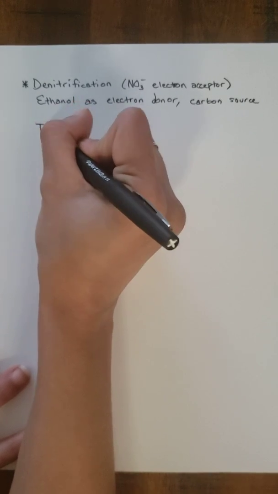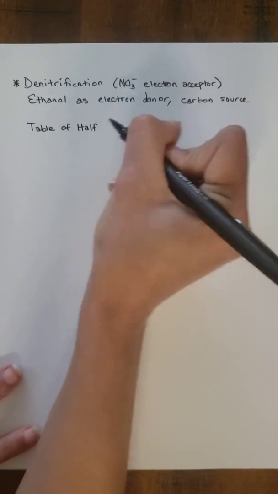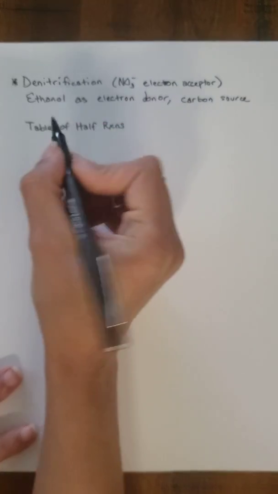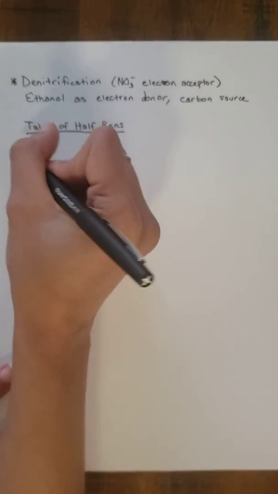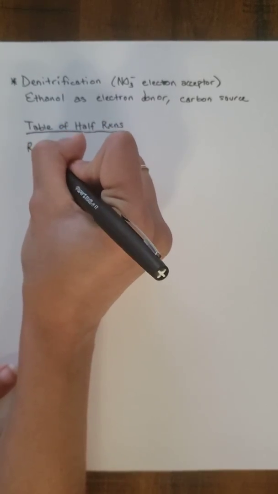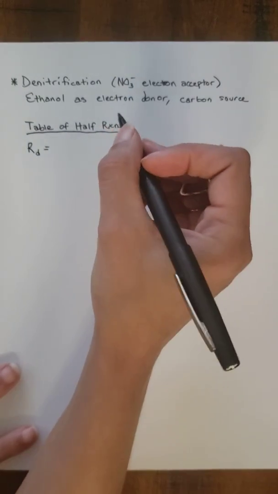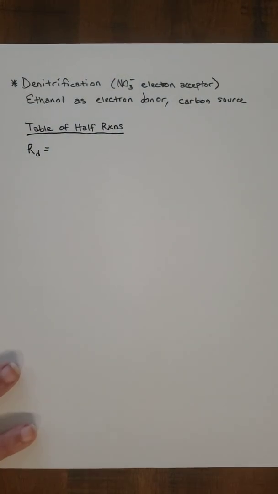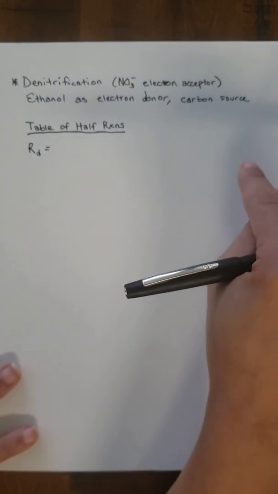All right, so first of all, we're going to go to our table of half reactions in our book. And from there, we're going to pick out our ethanol equation. So our Rd, or our electron donor equation, will be for ethanol. Notice that because everything's written as a reduction in the table, you're going to be looking for ethanol on the right-hand side of the equation.